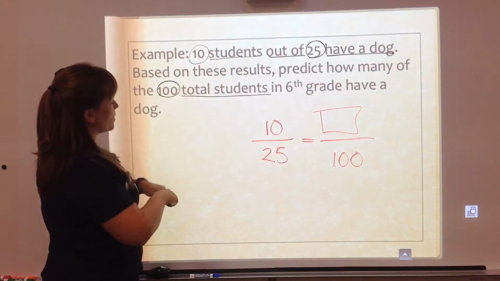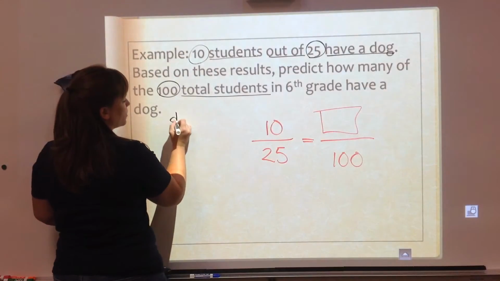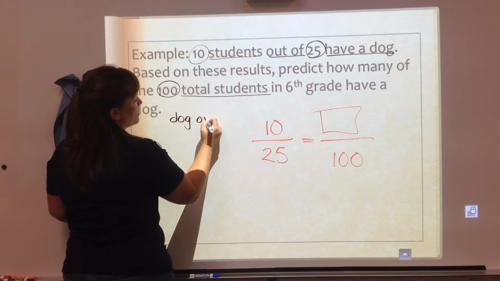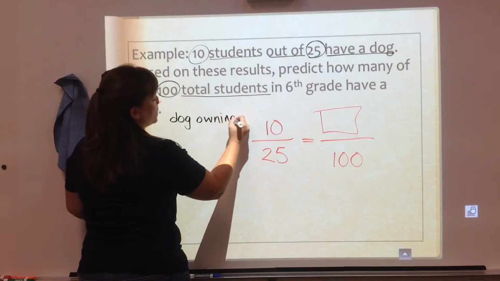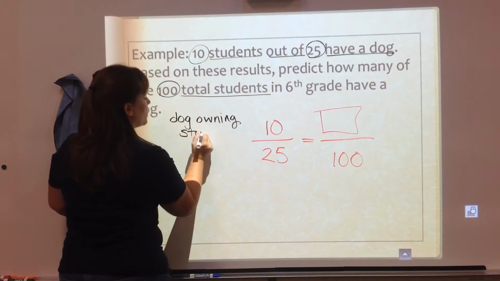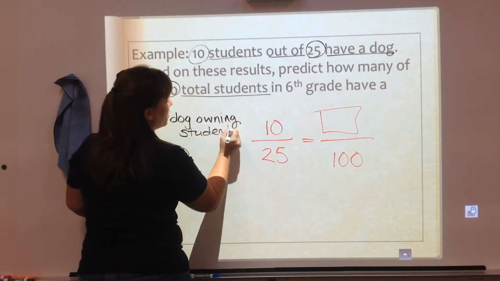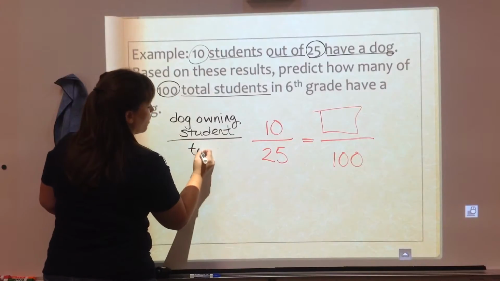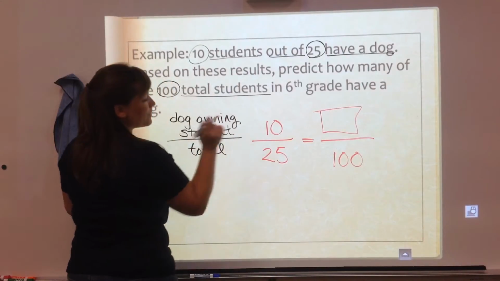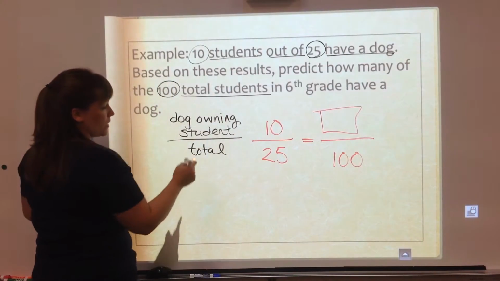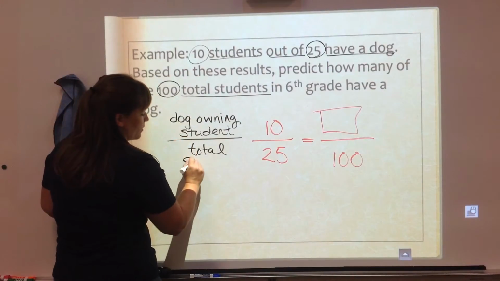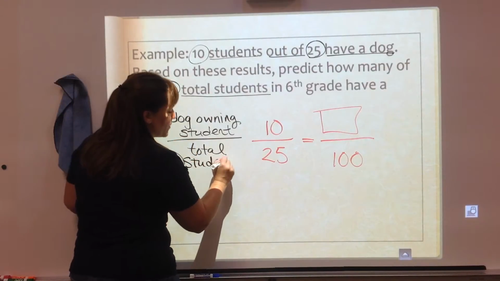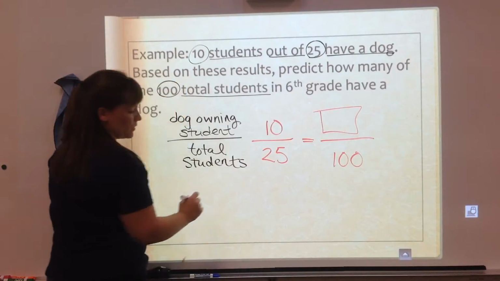So our words, the 10 is talking about dog owning students. Out of, say, a class of a total of 25, 10 of them have a dog. So the bottom number represents total students.